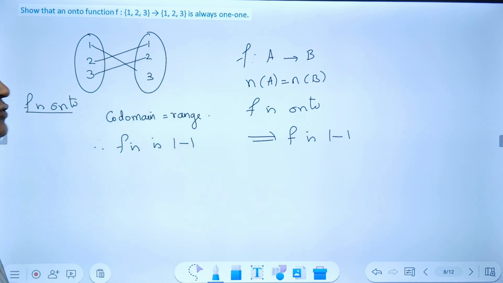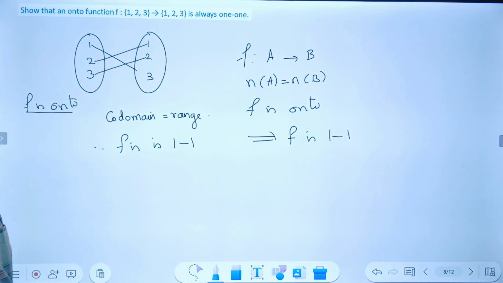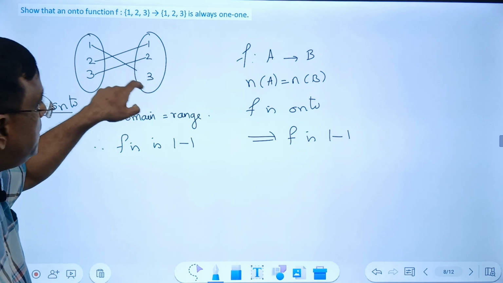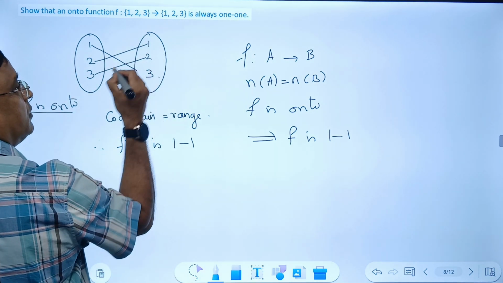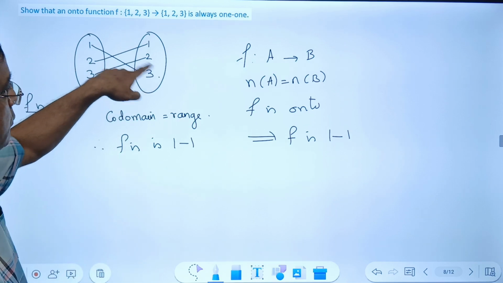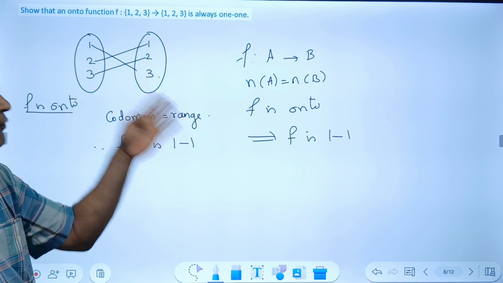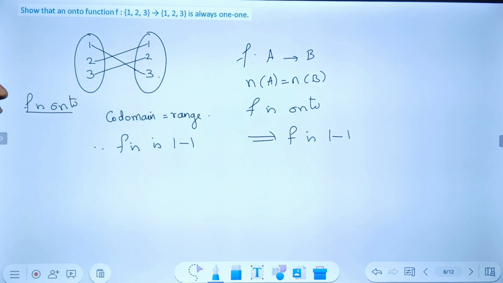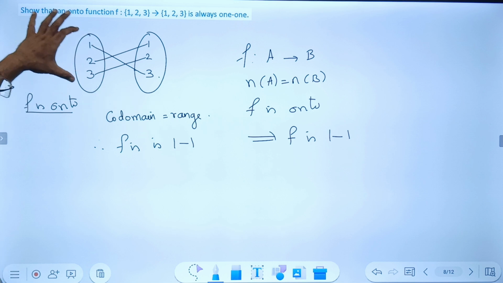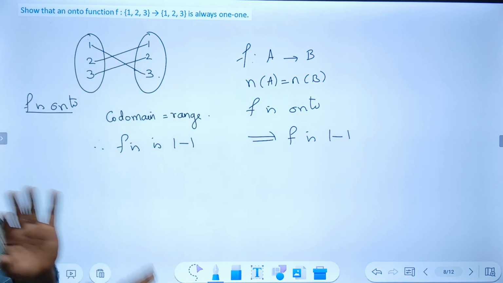If I don't have this 3 used, then it cannot be onto. So if it is onto, this 3 must be used. If 3 has to be used, and if it is going to be a function, then every element here should be mapped to this by a 1 to 1 function only. There is no other choice.